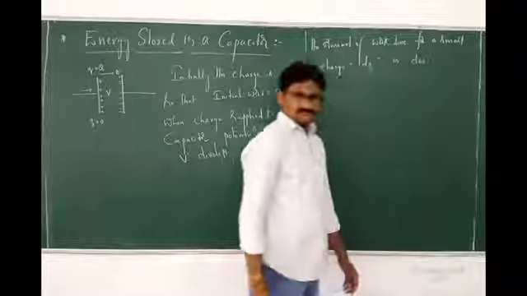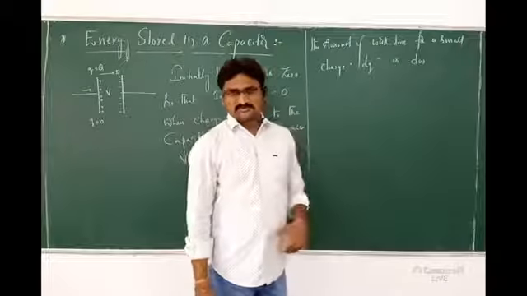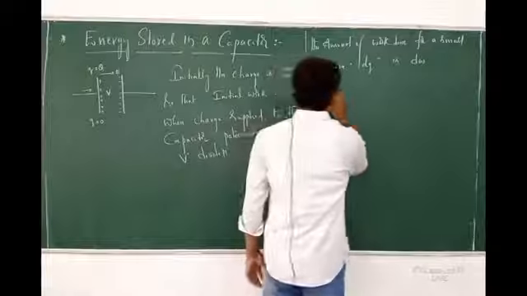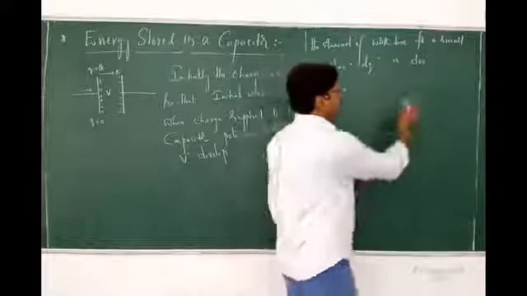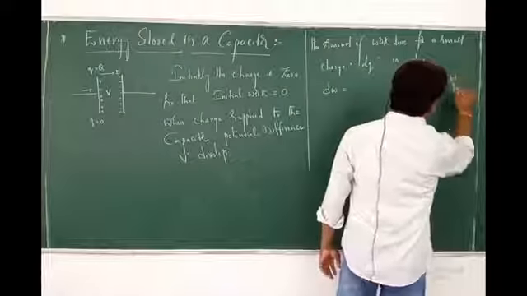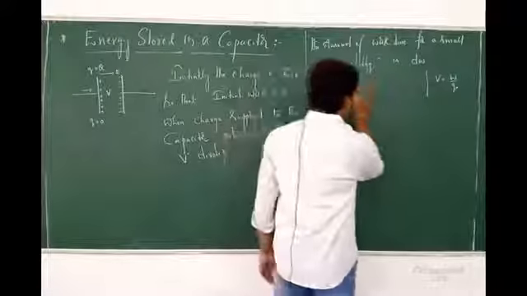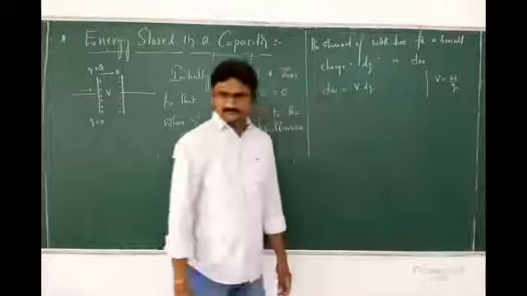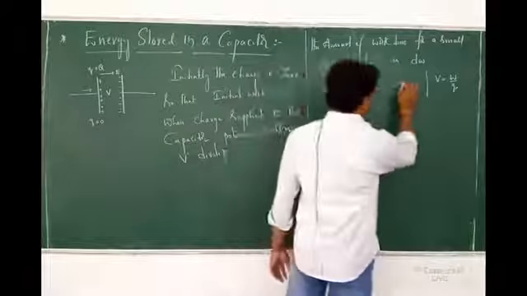For a small amount of charge to supply, how much work has to be done? dw. So dw is equal to, as per the potential definition, V is equal to W by Q. So dw is equal to V into dq. This is equation 1.